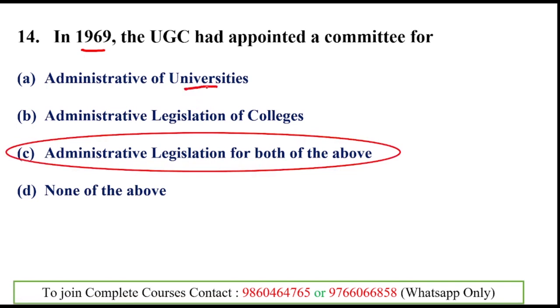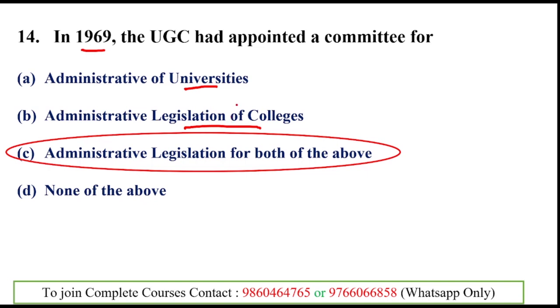Administration of universities and legislation of colleges both come under the 1969 committee, and the head of the committee is the Gajendra Gadkar committee. The UGC appointed this committee on the governance of universities, the administrative side, under the chairmanship of PB Gajendra Gadkar.